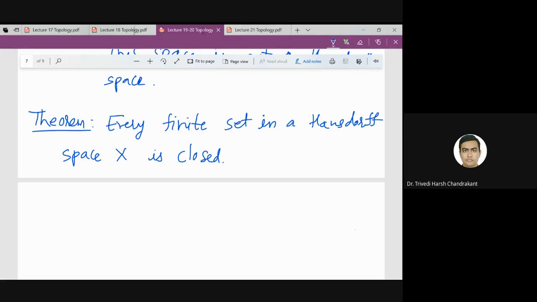If I have a Hausdorff space, then I can prove that every finite subset of that space is closed. So let us try to prove this.